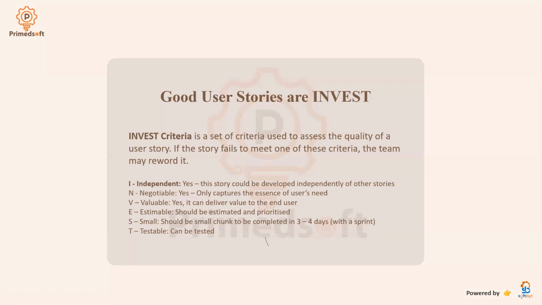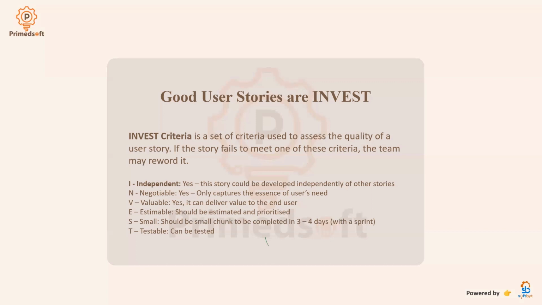It's not really capturing what the end user would want in this application. So for it to meet the negotiable part, it only needs to capture the essence of the user's needs. And if it captures it, then no need to negotiate again. We move on to the next one.